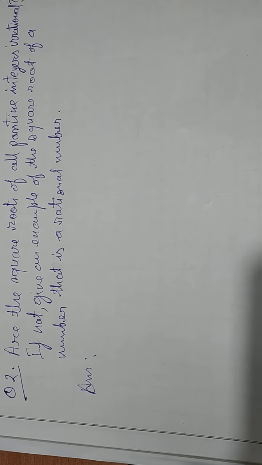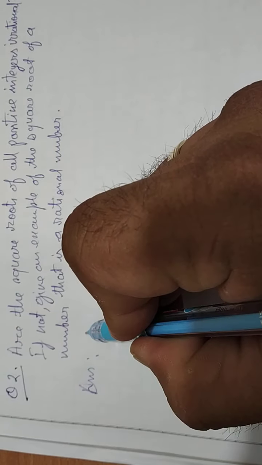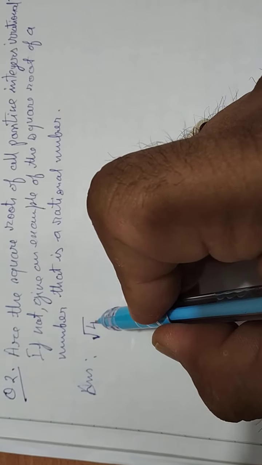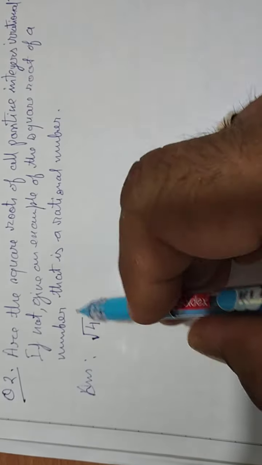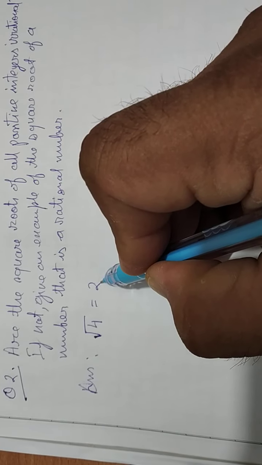Now, root 4 is the square root of a positive integer which is equal to 2.